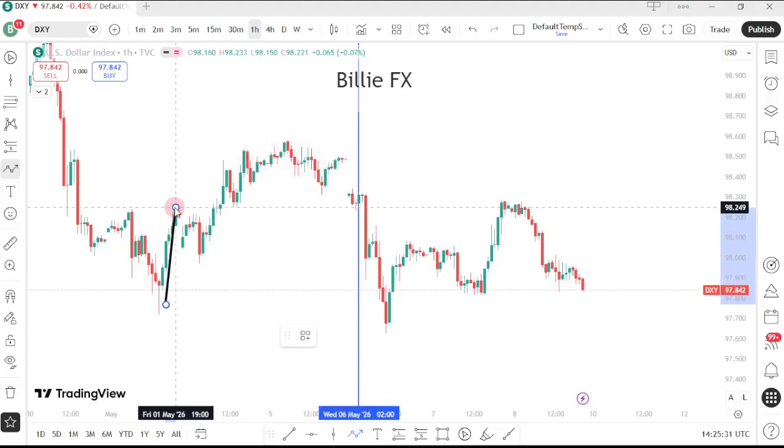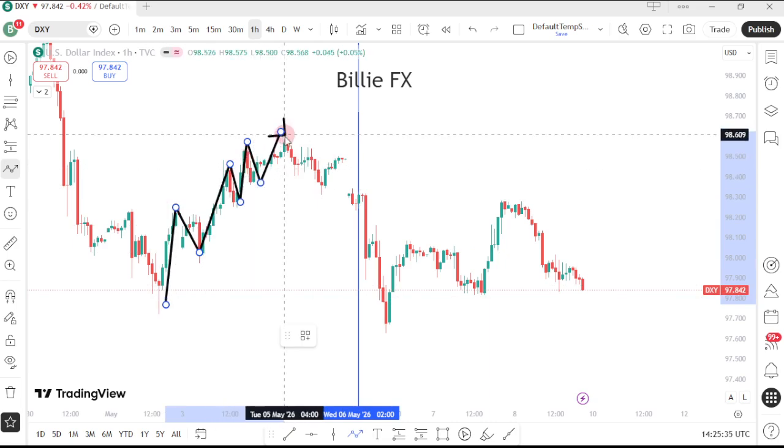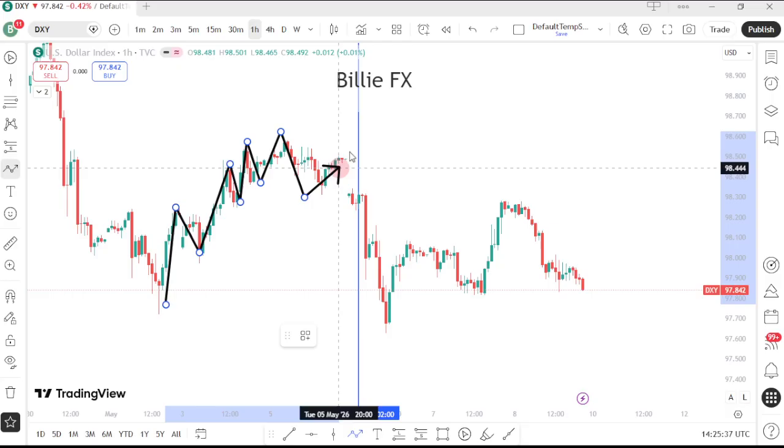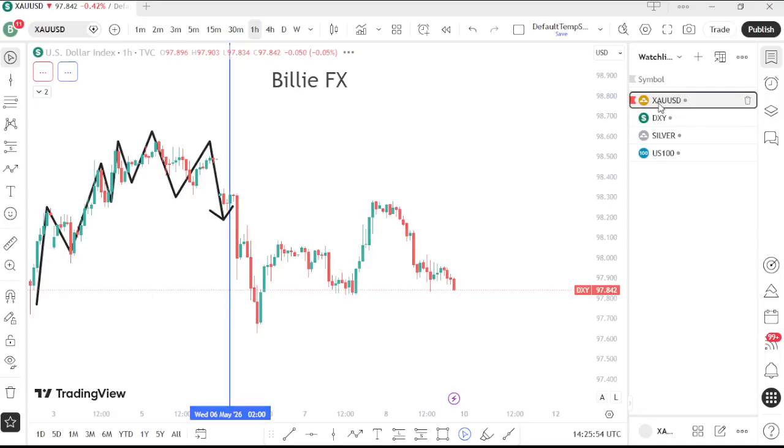It made a high, made a low, made a high, made a low, high, low, high, then it failed. Made a pullback, then it's already dropping. So it means that our bias of wanting to buy gold is solid, is correct, because the dollar index is weak. So since the dollar is weak and gold is paired with the US dollar, please pay attention.